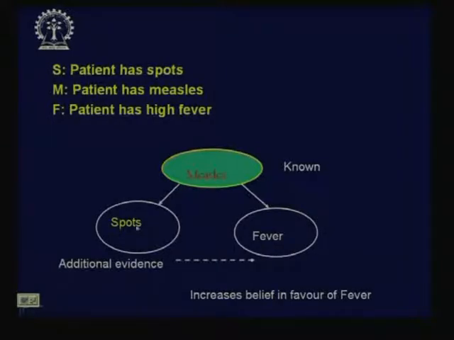Once we infer spots, that also supports fever, because it again serves as additional evidence and increases the belief in favor of fever. If I know this, then of course I know this. So if I start with spots, I can infer measles as a cause, and I also increase the belief in fever.